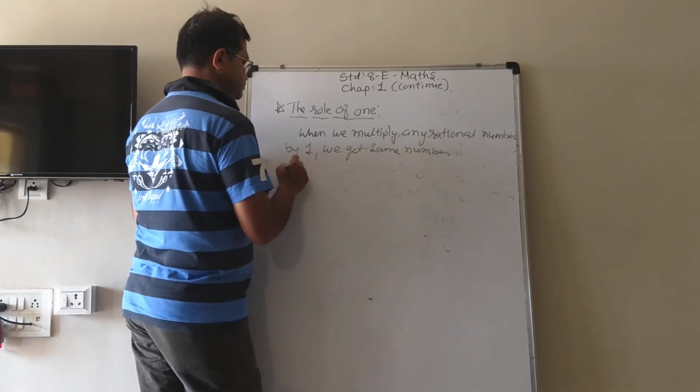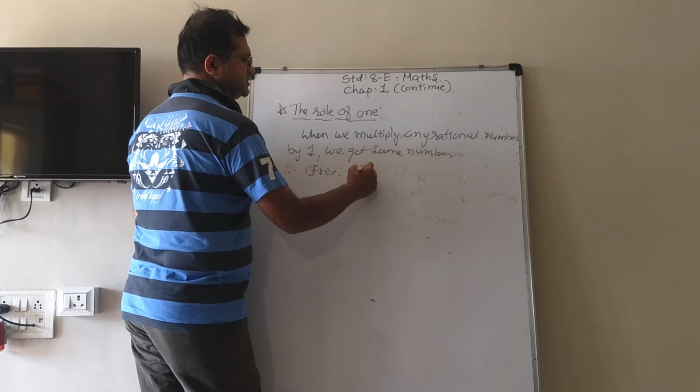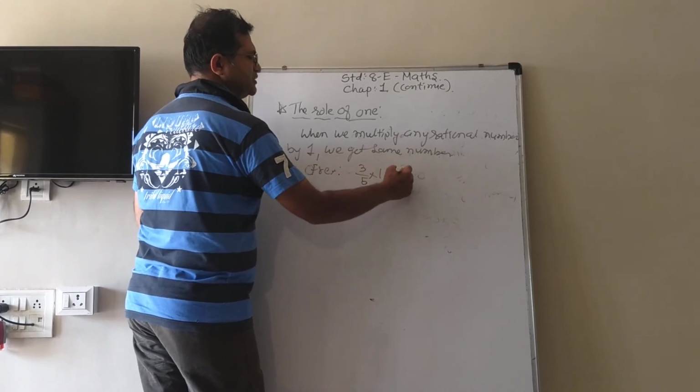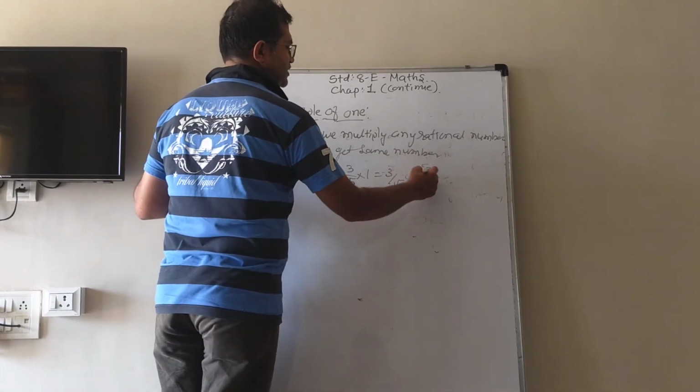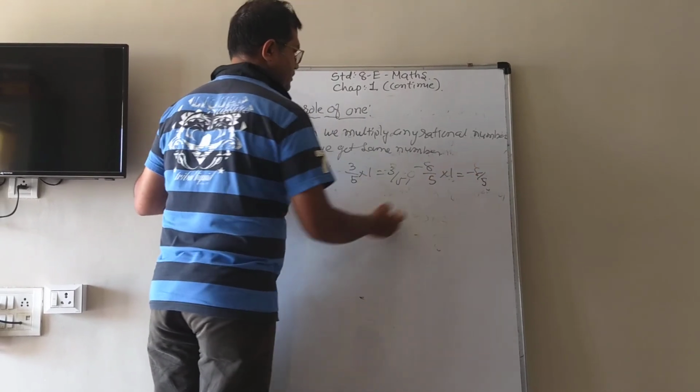Therefore, for example, first we will take 3 by 5 multiplied by 1 is equal to 3 by 5, minus 8 by 5 multiplied by 1 is also minus 8 upon 5.